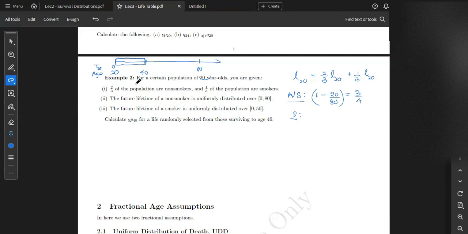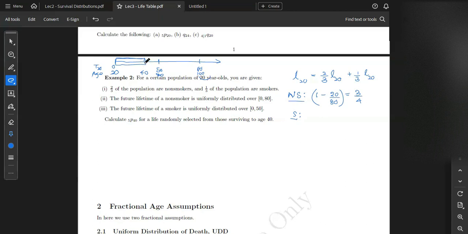And for smokers, again, we can use the same concept. So they are 20 and their future lifetime goes from 20 to 50 more years. So this is in terms of the T_x, so their age is 70 and 100 respectively.